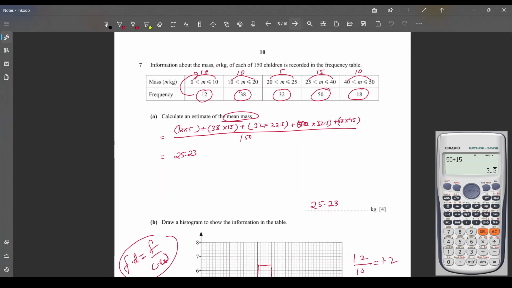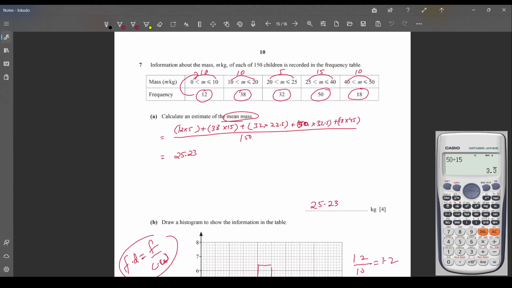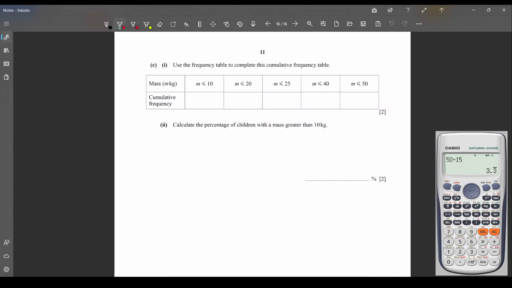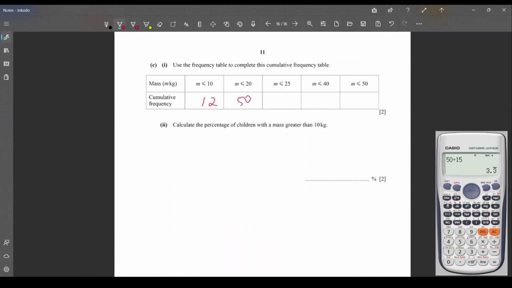Okay, for part C, use the frequency table to complete this cumulative frequency. So for cumulative frequency, we can use this table. The first value will be the same. This is 12, so here also the first value will be 12 only, and the second value will be 12 plus 38, which is 50.